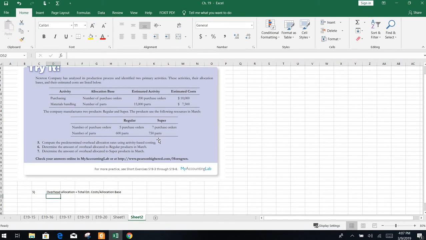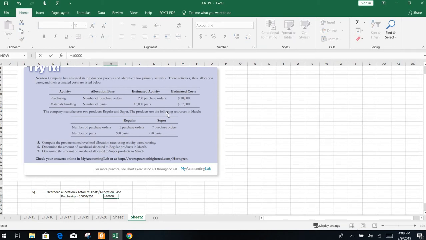Okay, so first we're going to do that for the purchasing. And that equals the total estimated here is 10,000, so I'll put 10,000 divided by the base, which is 200, and then let's get that calculation.